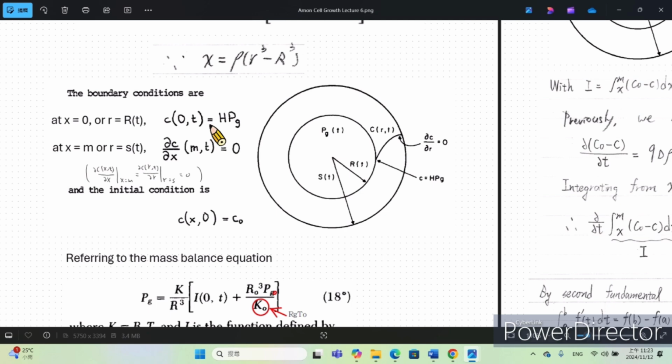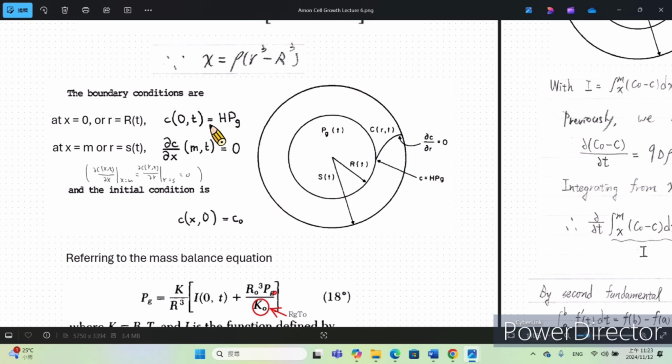At x equal to 0, or r equal to capital S of t, at the interface, C(0,t) equals what? H, the Henry constant, multiplied by the internal pressure PG, right?